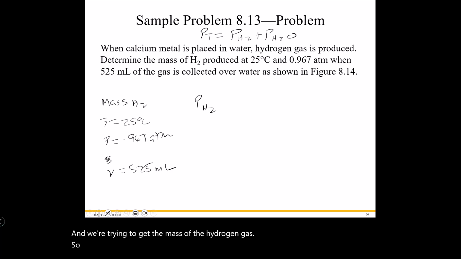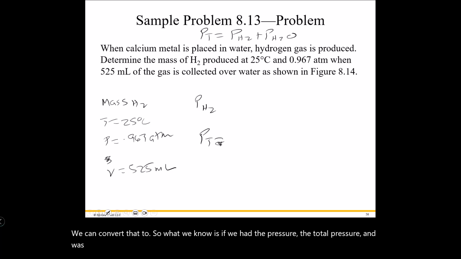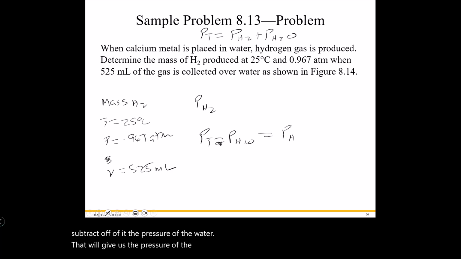If we take the total pressure and subtract off the pressure of the water, that will give us the pressure of the hydrogen gas. So the total pressure is 0.967 atmospheres.